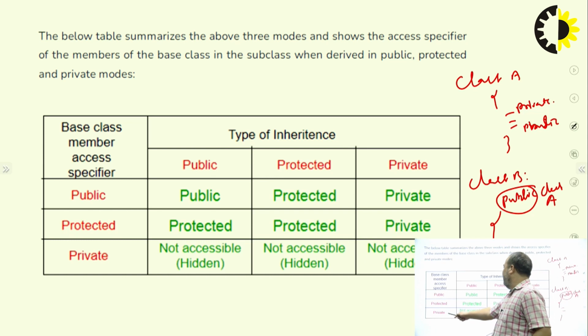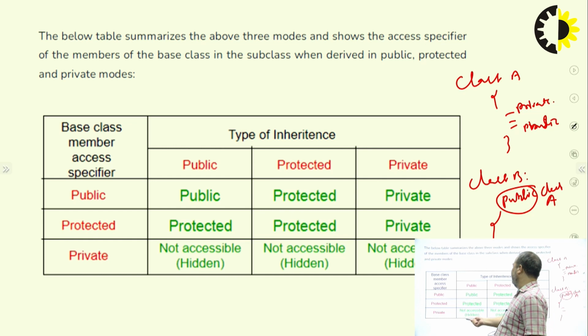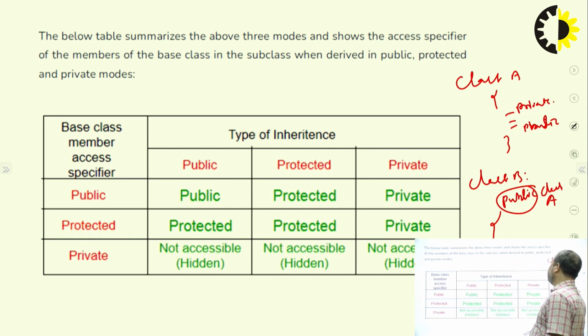Similarly, if it is private, then public is not accessible because public data becomes private, and this is also not accessible.